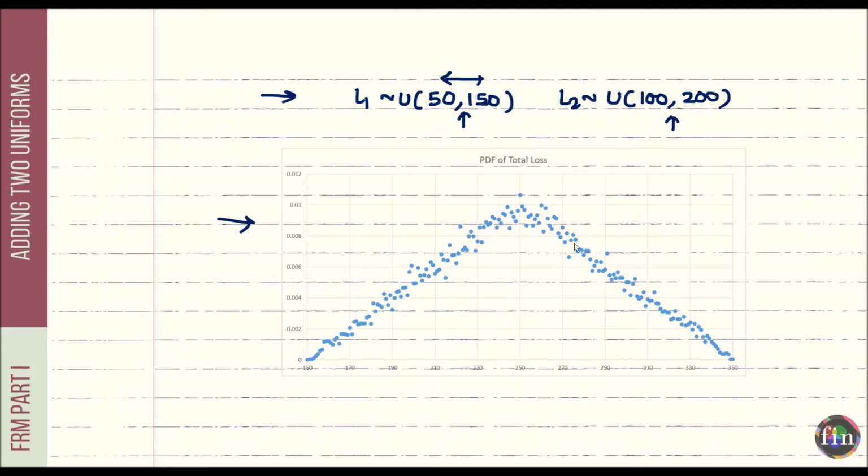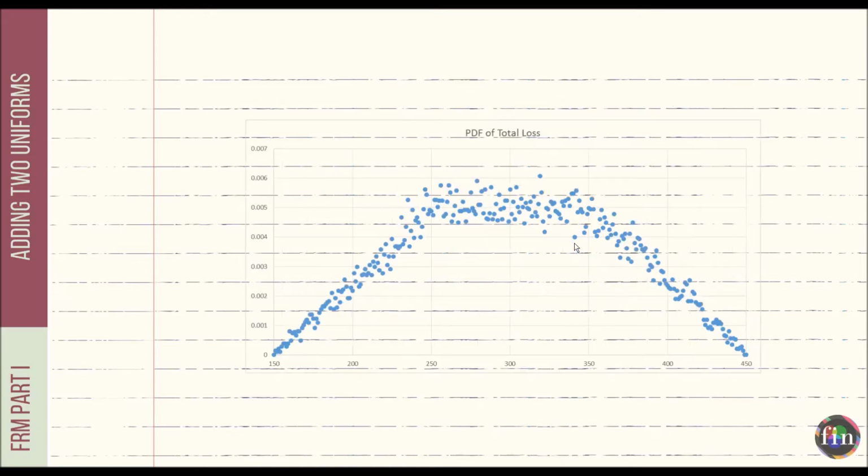So in this second world, let me stick with the same L1, uniformly distributed between 50 and 150, and L2 again uniformly distributed, but this time between 100 and 300 instead of 100 and 200.